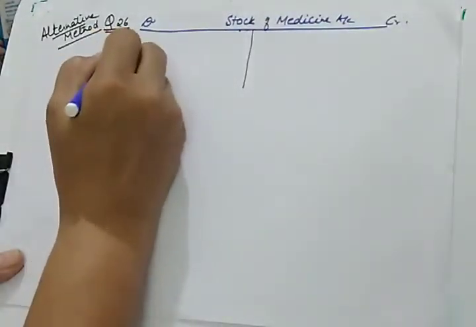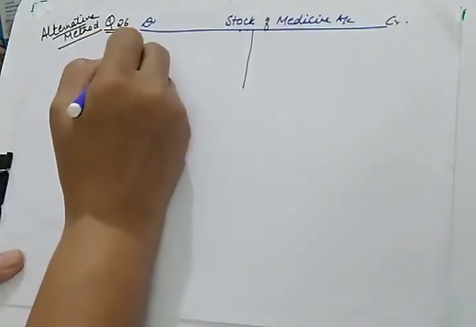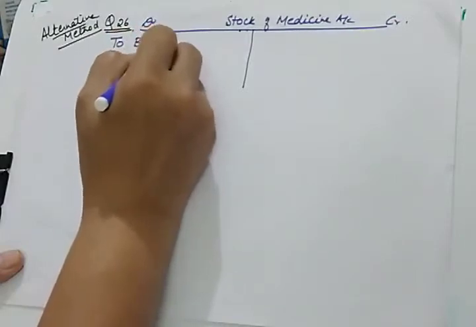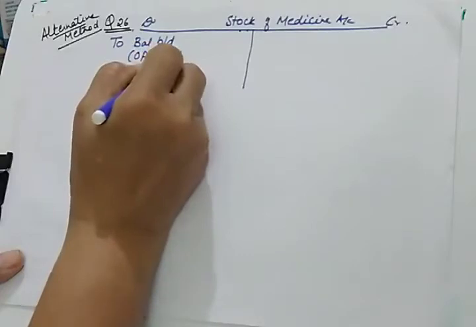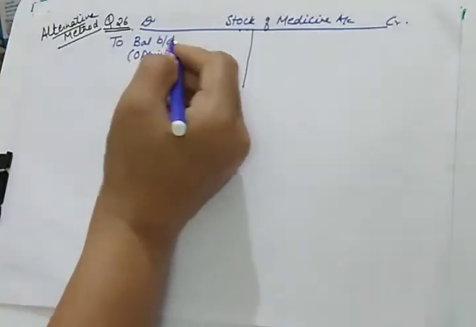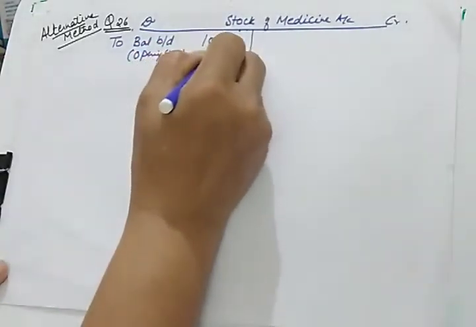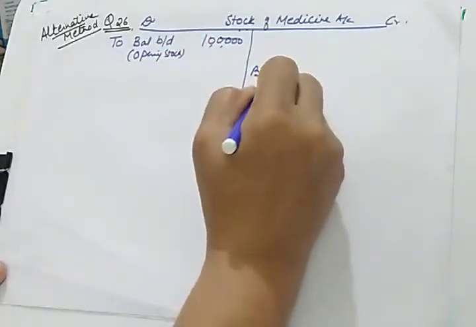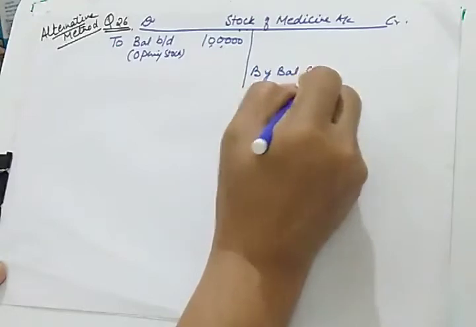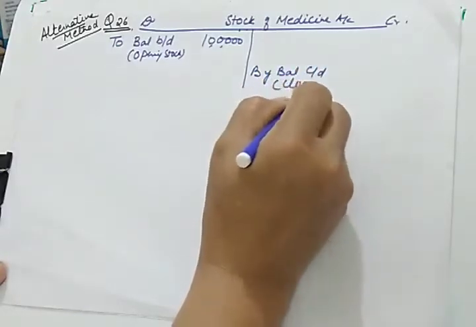Debit, credit. Here we'll be writing opening stock to balance brought down. This is my opening stock. Opening stock is given to us as 1 lakh. And here we'll be writing closing stock by balance carried down. This is my closing stock.